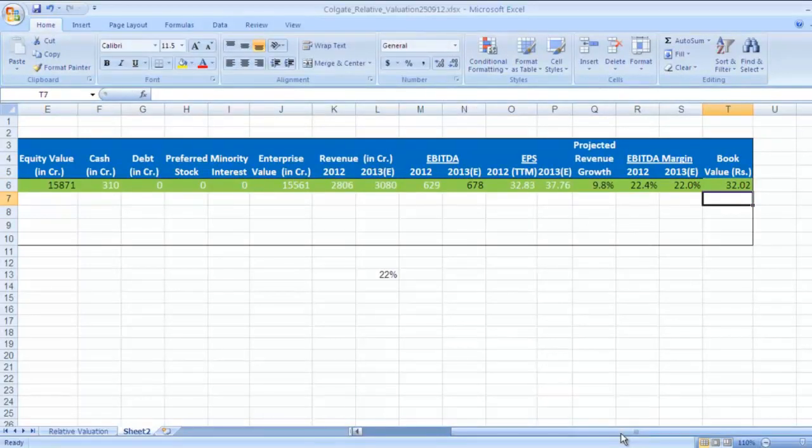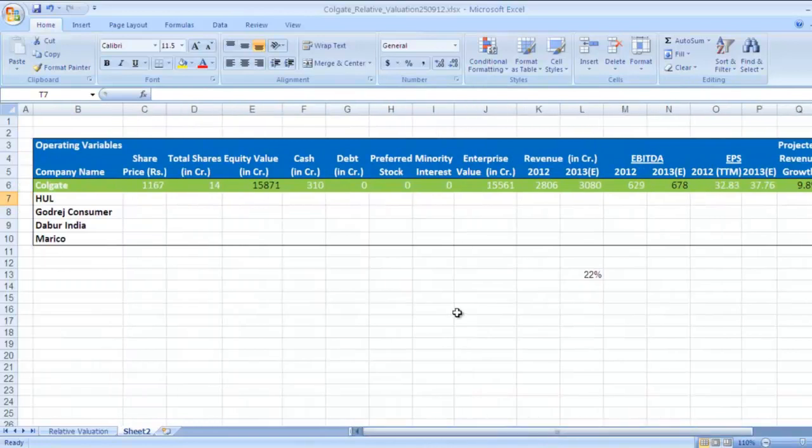So we have taken data from Money Control and Reuters India. In some cases, you can check Rediff Money also. These are some of the websites which give you free financial data on Indian companies. Likewise, we have done it for one company, that is Colgate. You need to do it for every company, that is the peers: HUL, Godrej Consumer, Dabur India, and Marico in this case.